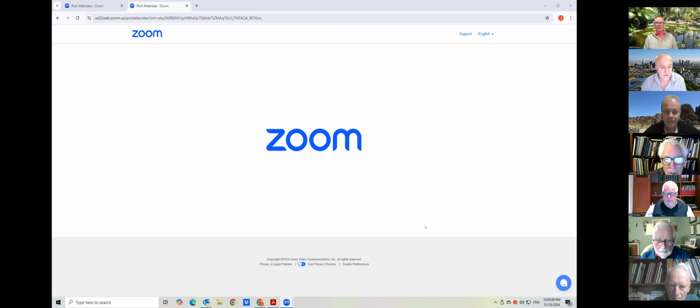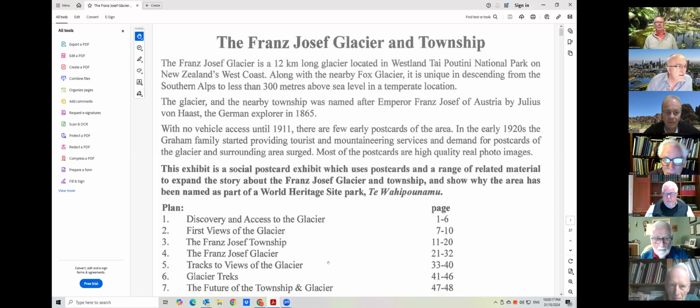I can see it. Right, now you've got to go share screen, which is bottom left, bottom middle. There you go.